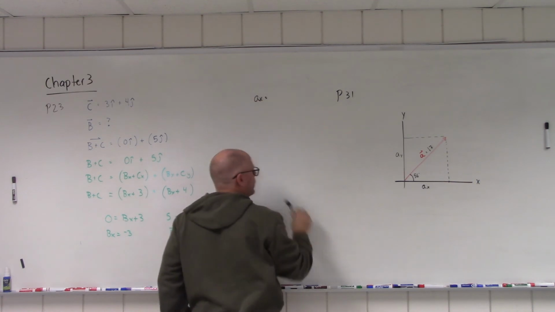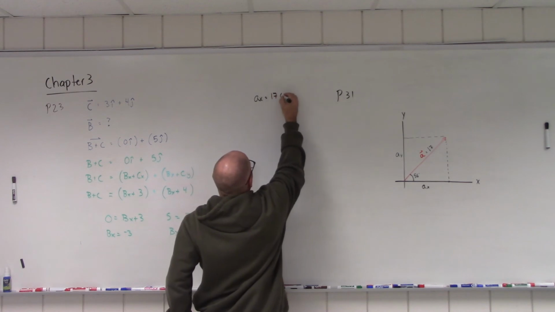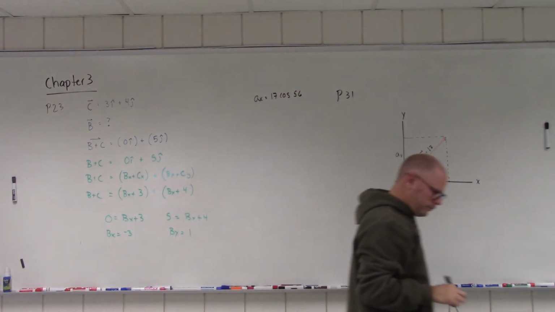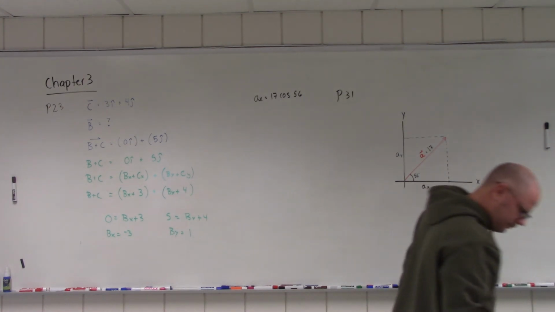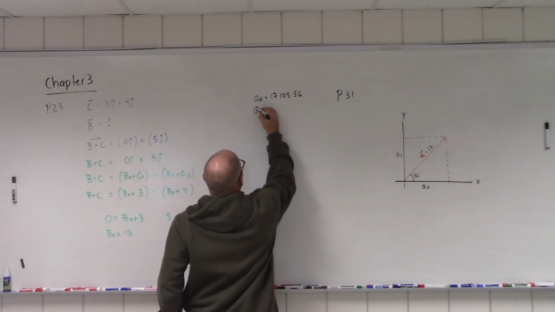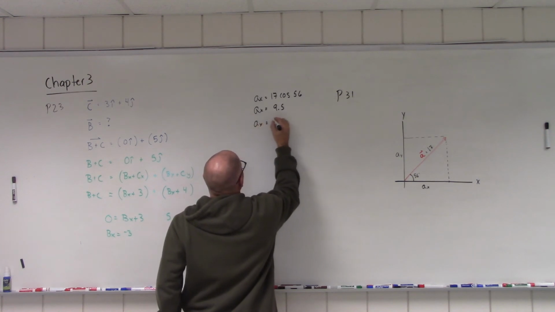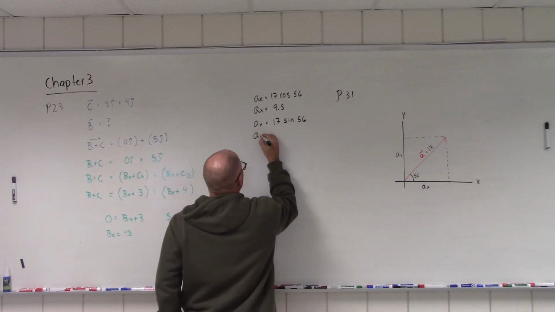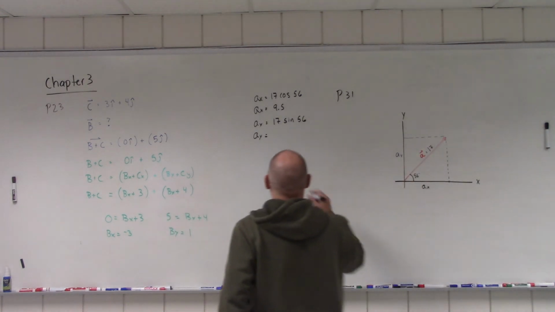A x is equal to 17 cosine 56. So that's 9.5. And then A y is going to be equal to 17 sine 56. So A y is equal to 14.1.